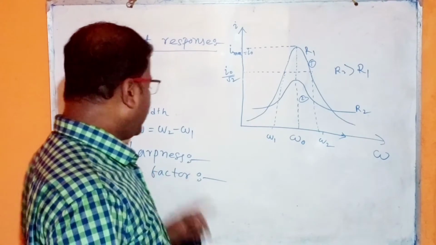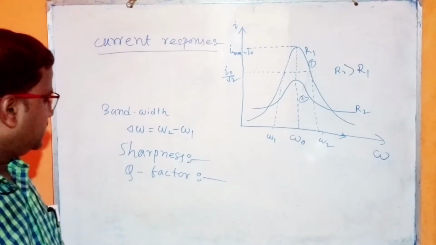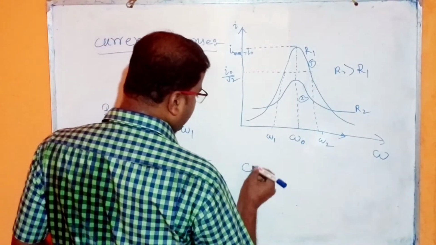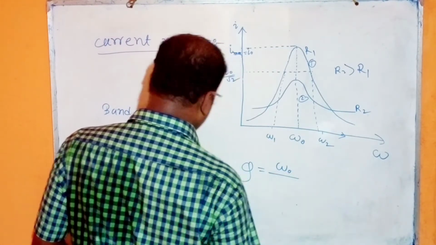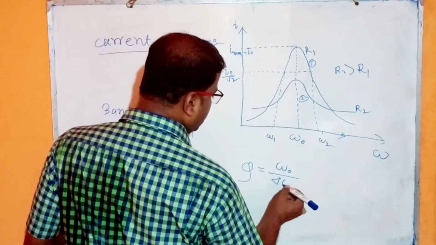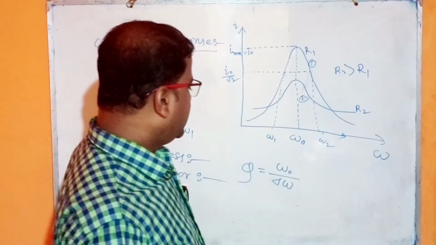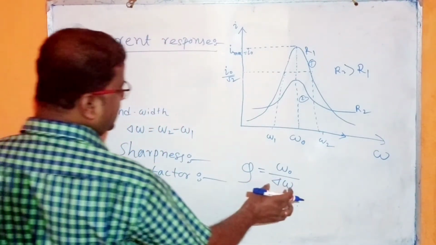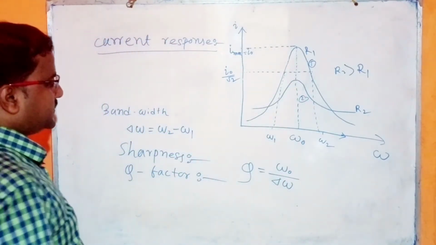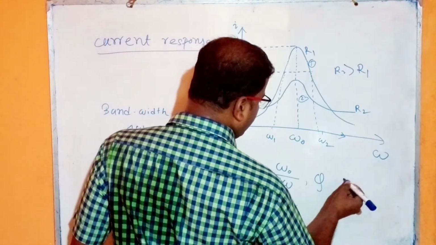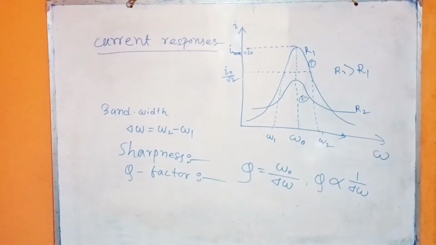If the Q factor is high, then the sharpness is high. Q is defined mathematically as the ratio of resonant frequency to the bandwidth: Q equals omega 0 by delta omega. If delta omega decreases, then sharpness increases. That is, Q is proportional to 1 by delta omega.